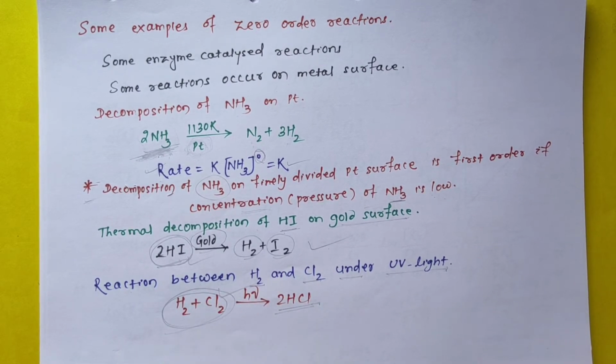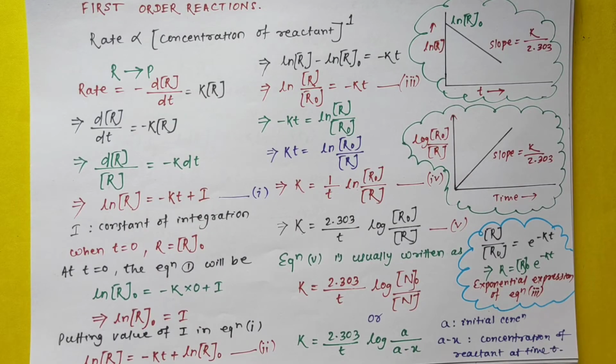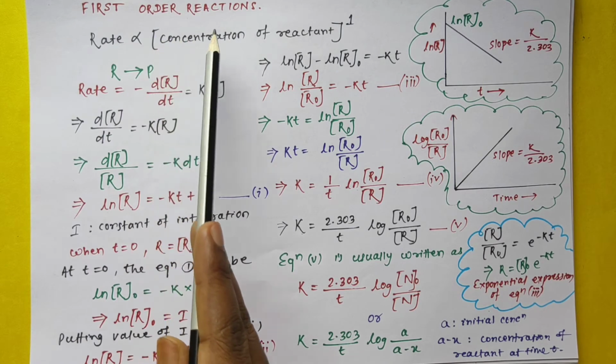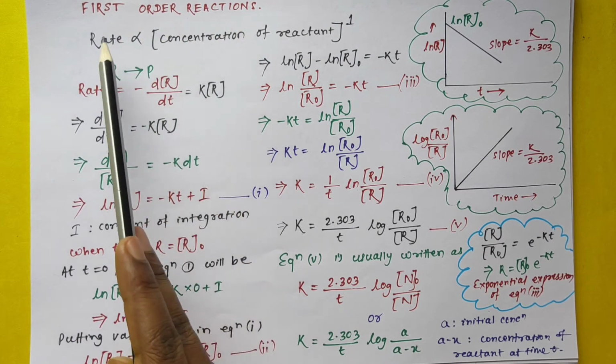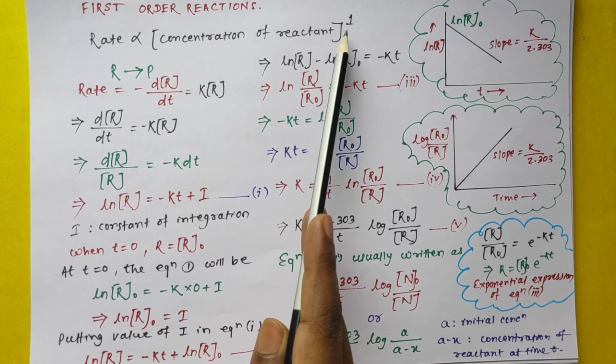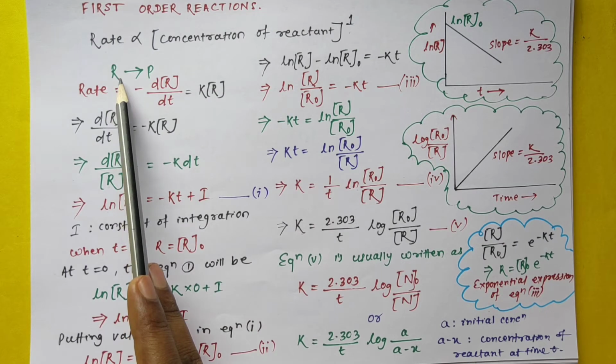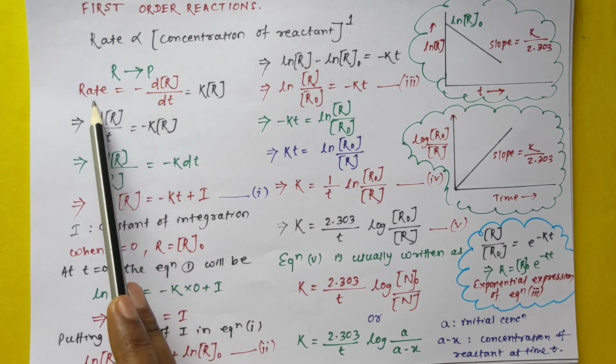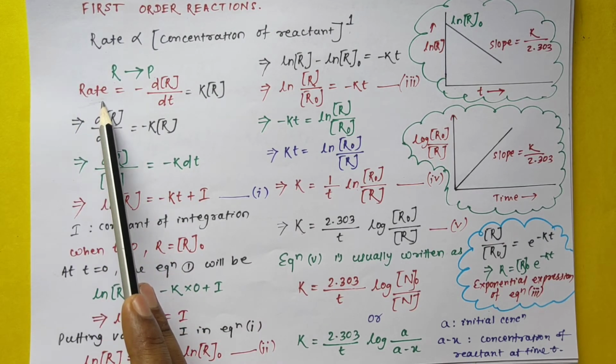Clear? Now let's discuss the integrated rate expression for first order reaction. So what is the meaning of first order reaction? That means the rate of the reaction is directly proportional to concentration of reactant to the power 1. So let's take an example. So reactant gets converted to product, then what will be the rate expression or differential rate expression in this case?